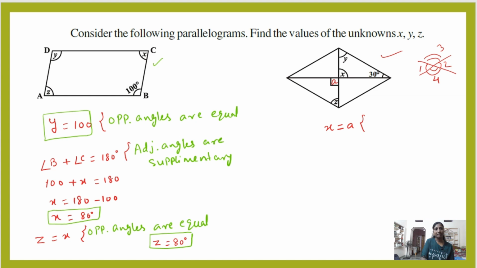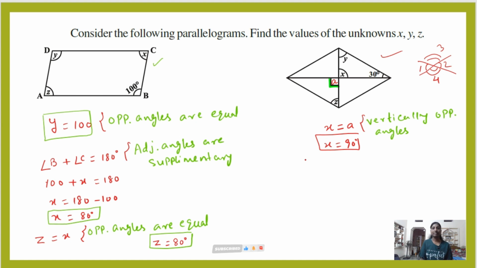Vertically opposite angles are always equal. And this symbol says that it is 90 degrees. So the value of A is 90 degrees, so x is equal to 90. So we got the value of x.